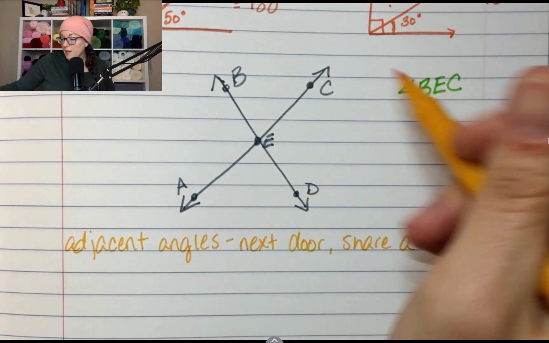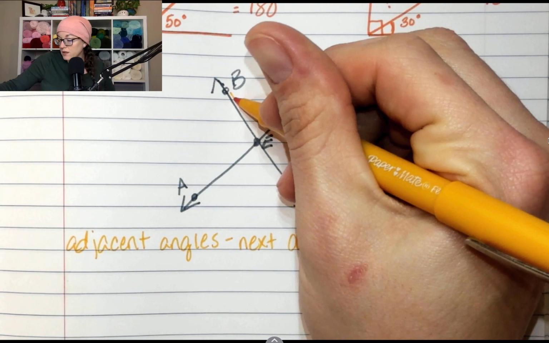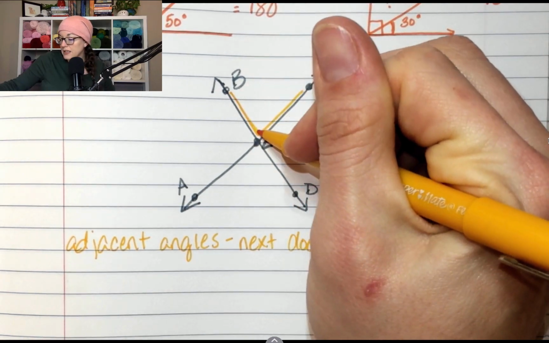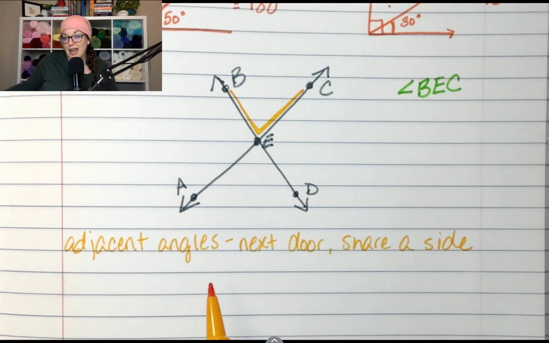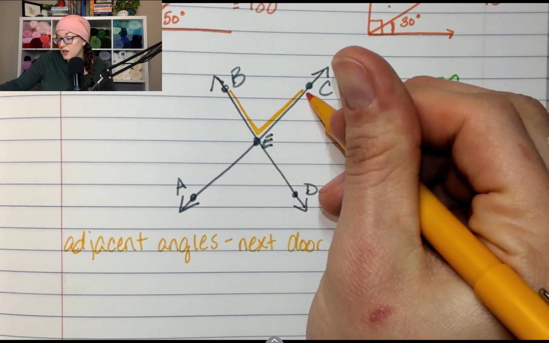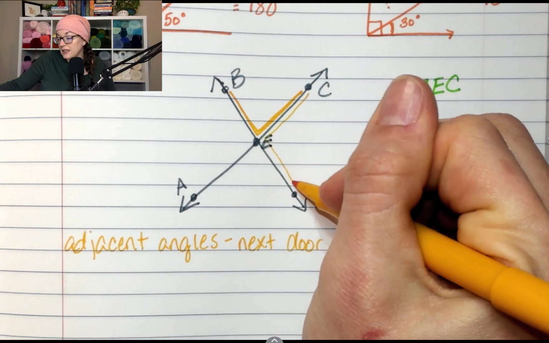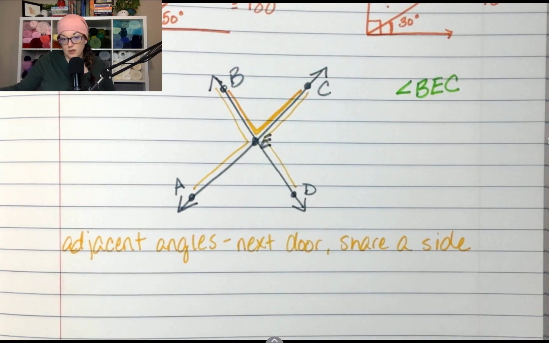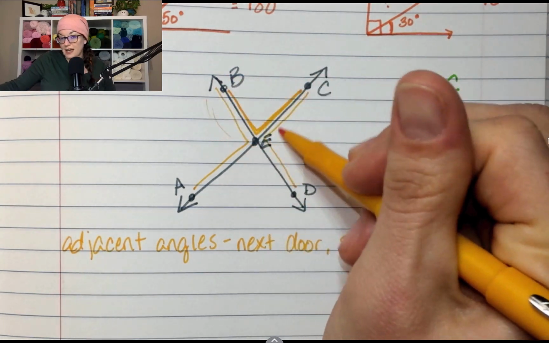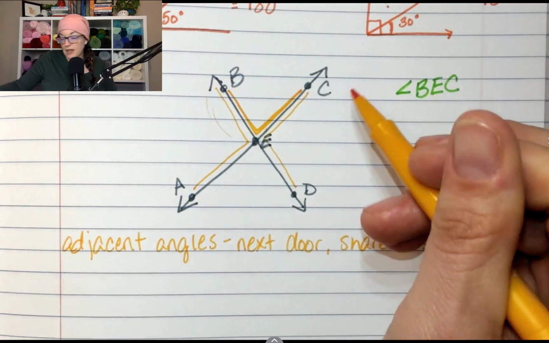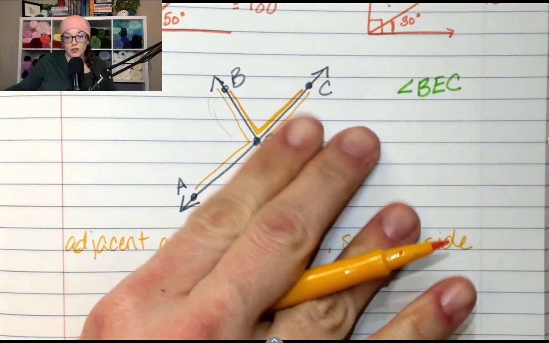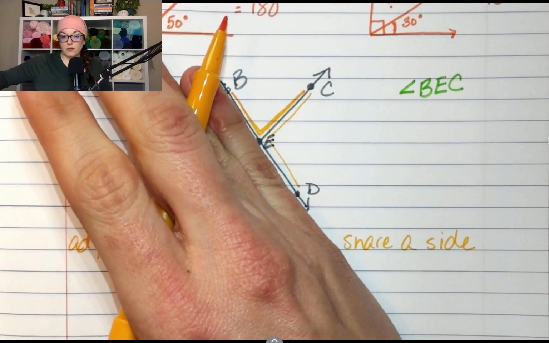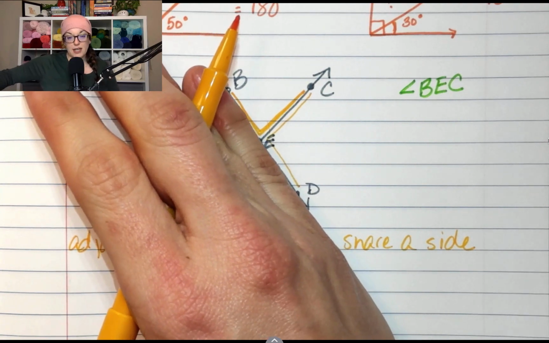So if I'm talking about BEC, the adjacent angles for BEC are CED and BEA, because they share this line right here and they share this line over here. So these two are adjacent angles, and these two are adjacent angles.